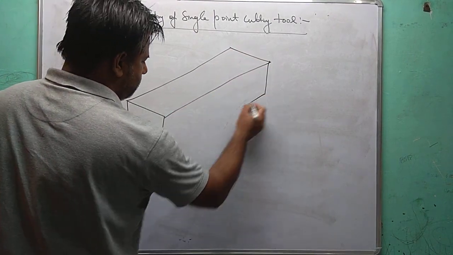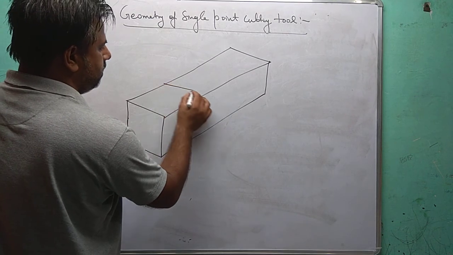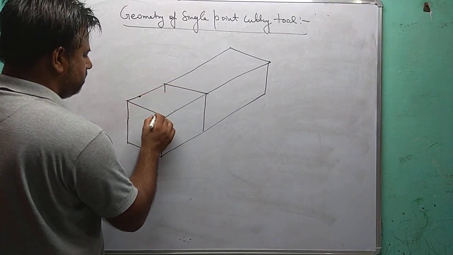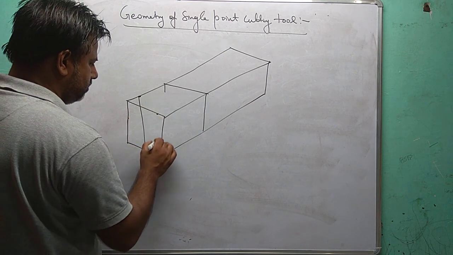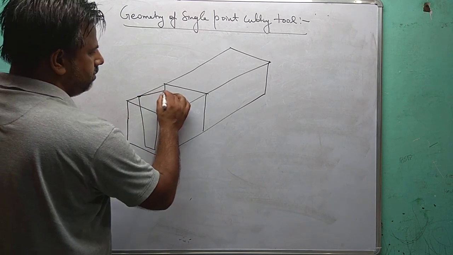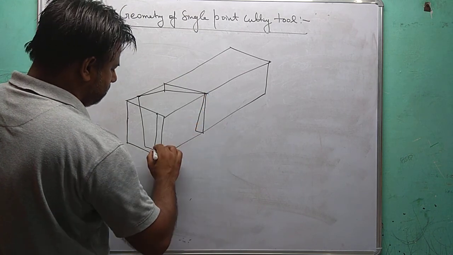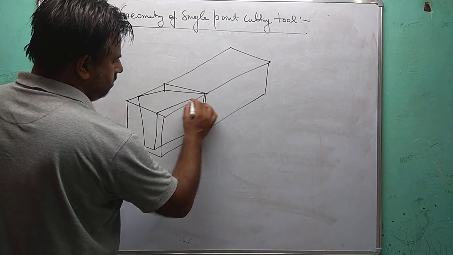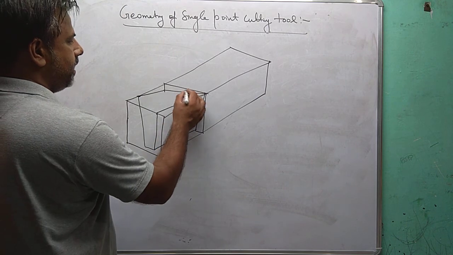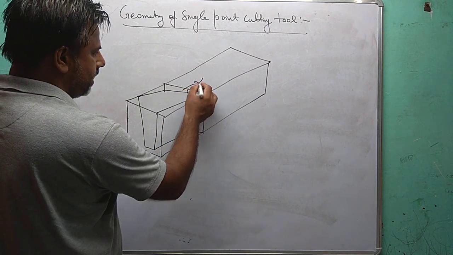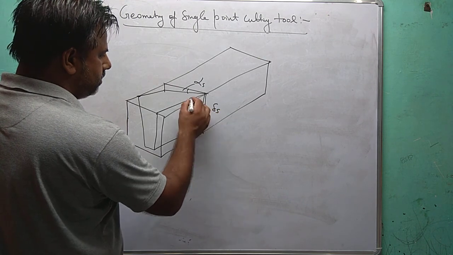This is the geometry of single point cutting tool. So you may draw like this. This is my side rake angle, side clearance angle.